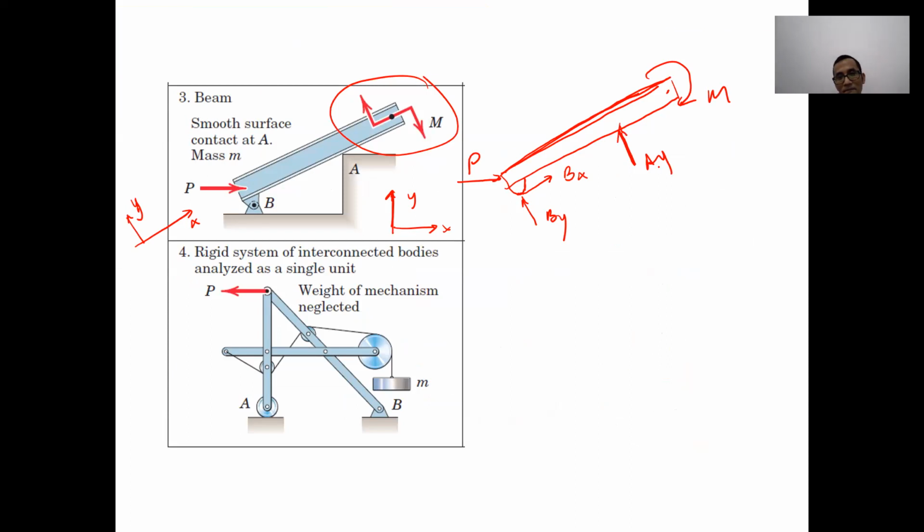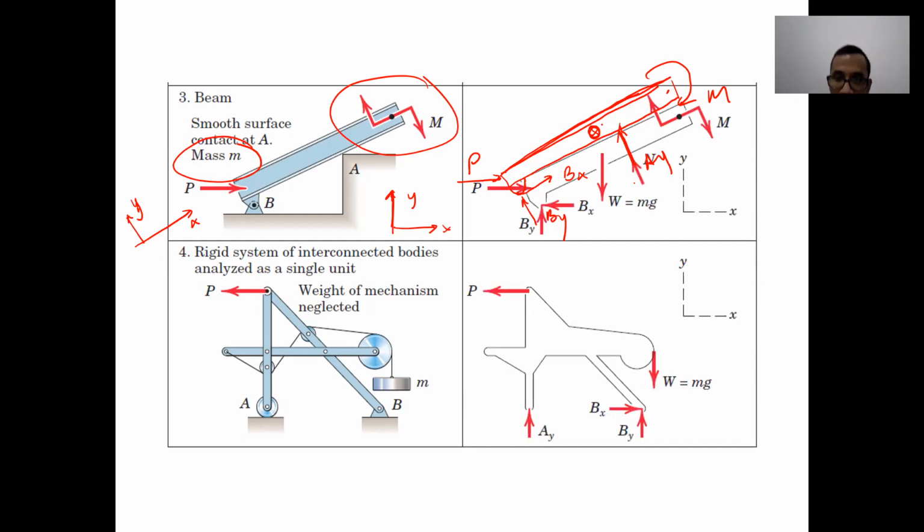Okay, what else? Remember what? The weight. Where are you supposed to put the weight? At the center of gravity. So you put it at the center of gravity here. If that's the center of gravity, then we have the weight here.